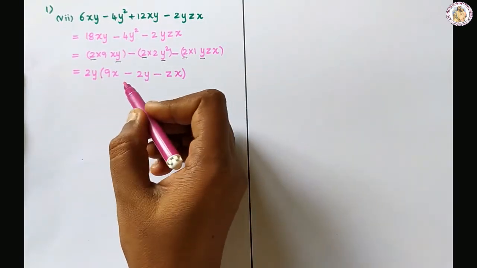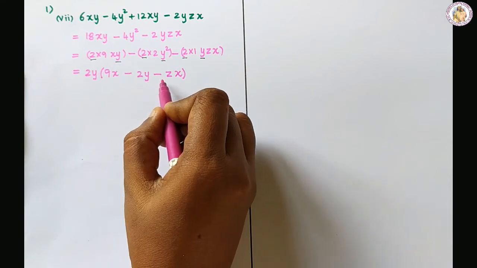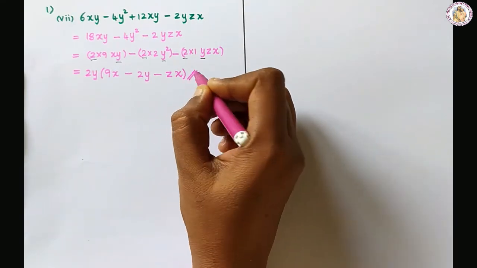So 2y into 9x minus 2y minus zx is the answer here.